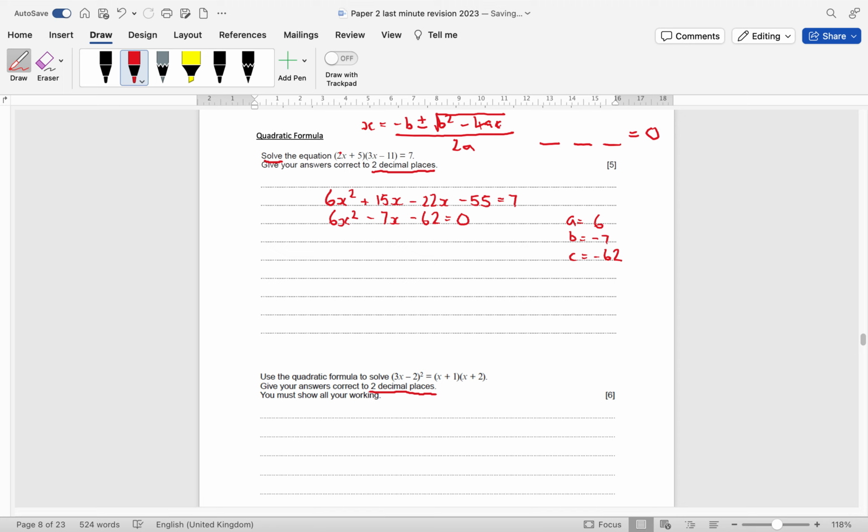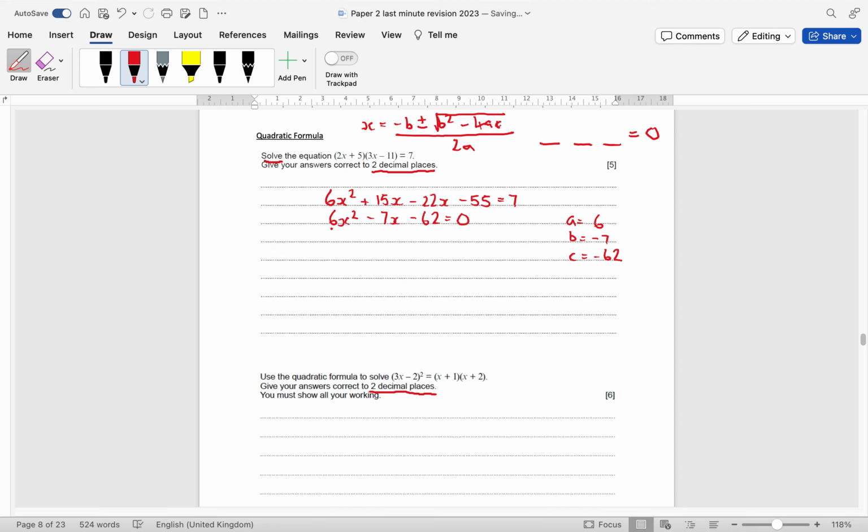So I have expanded the double brackets. Check, you can do that. I've put the equal 7 on the end, but I want it equal to 0 if this is a quadratic. So I need the plus 7 to come over as minus 7. If I take the minus 7 away from 55, and also I take the 22x away from the 15x here, so I simplify it all, here's the quadratic I end up with, equal to 0.